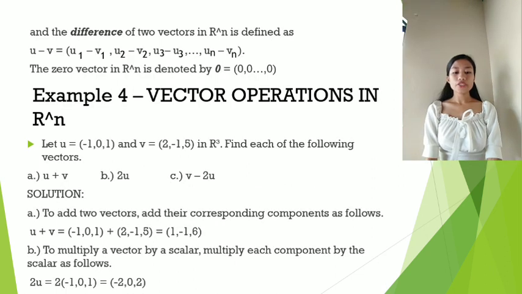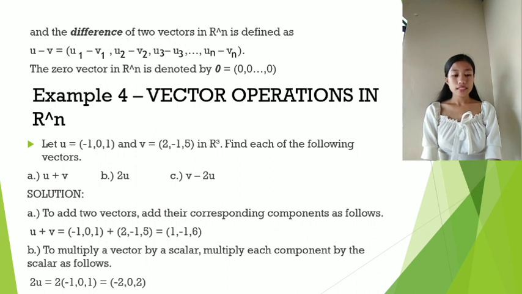And the difference of two vectors in R raised to n is defined as U minus V is equal to (u sub 1 minus v sub 1, u sub 2 minus v sub 2, u sub 3 minus v sub 3, ..., u sub n minus v sub n). The zero vector in R raised to n is denoted by 0 is equal to (0, 0, ..., 0).